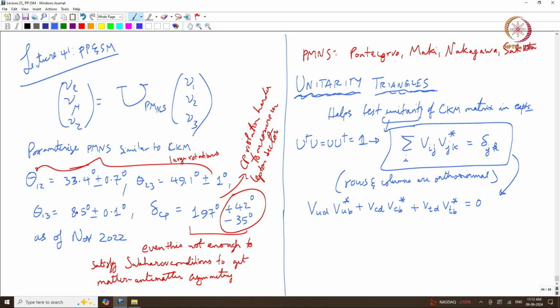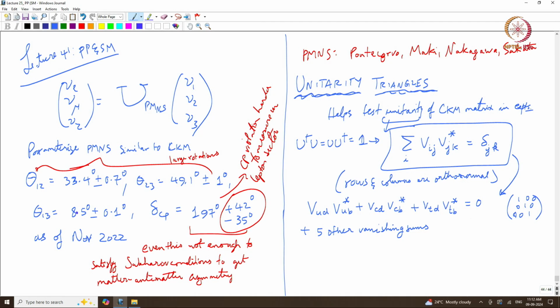So, how many such sums add up to 0? In this case it is a 3 by 3 unitary matrix. So, I have 1 1 1 0 0 0 0 0 0, right. That is what I get from here. So, I know that there are 6 such sums that add up to 0, correct. So, I am going to write plus 5 other vanishing sums.